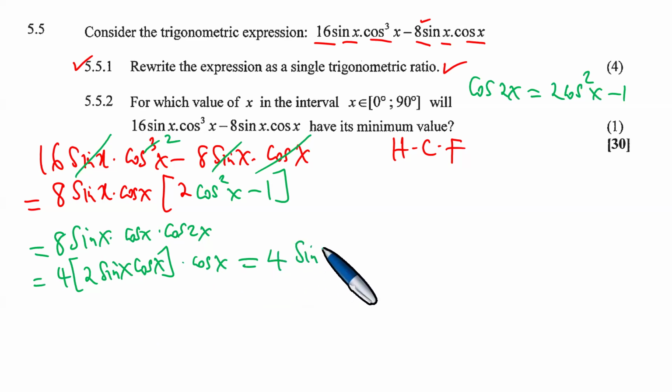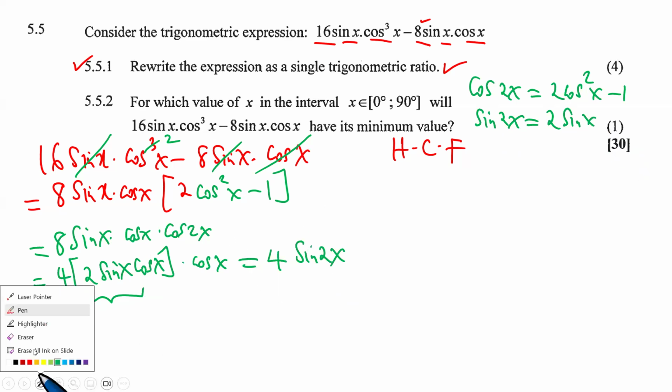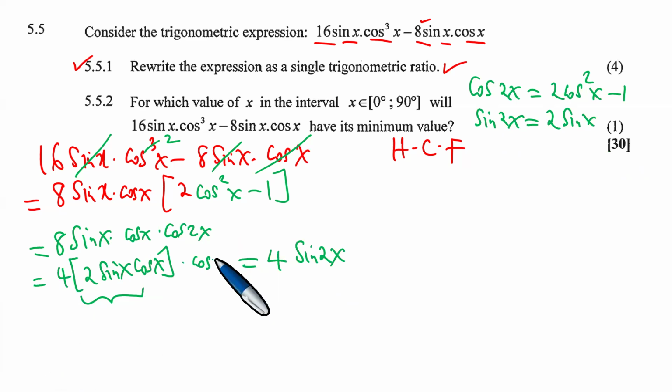We know that sine of 2x is 2 sine x cosine x. You wrote cosine x, but there's a 2 missing. It's cosine 2x, so we carry it forward. Well done there, and thank you for noting that.